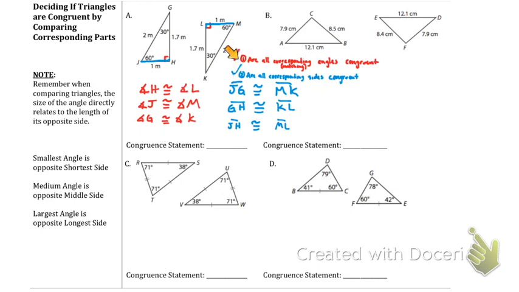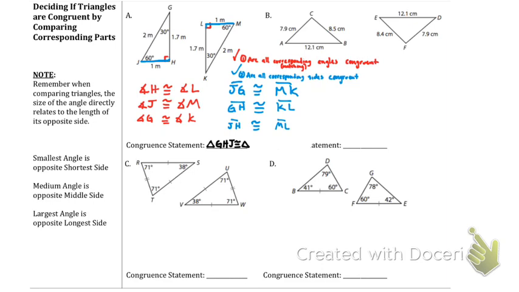Because of these 2 rules being satisfied, the angles and the sides, I can now write my congruent statement. Your congruent statement will say triangle, so we put the triangle symbol, and then we start naming our triangle. I'll do GHJ is congruent to triangle. And now here's the kicker.